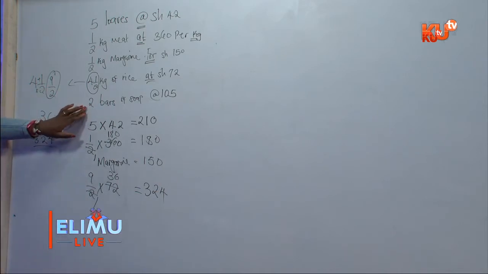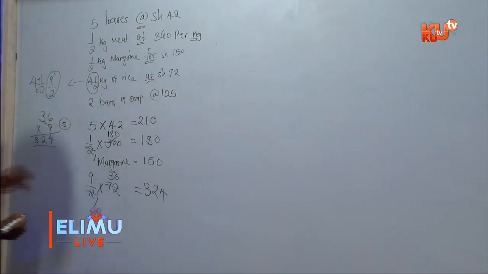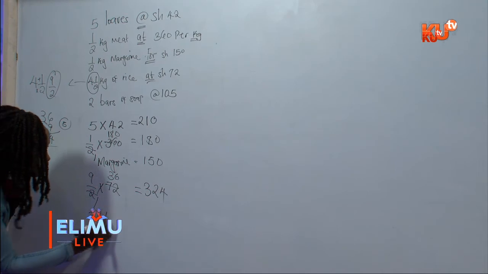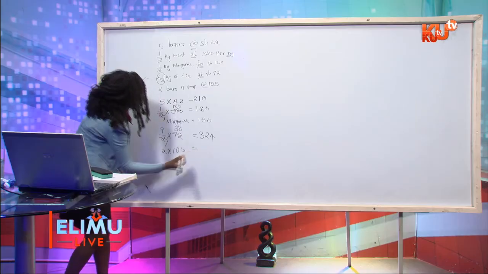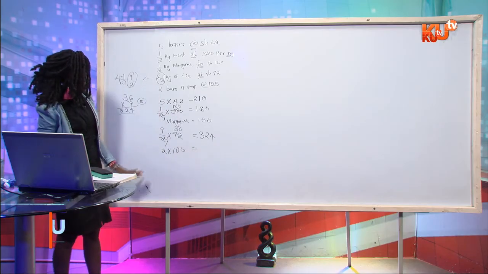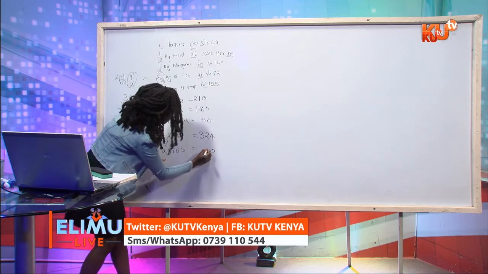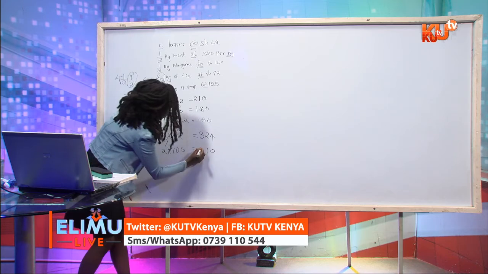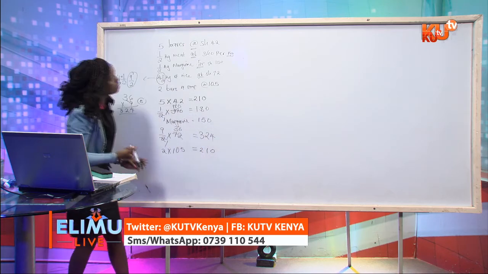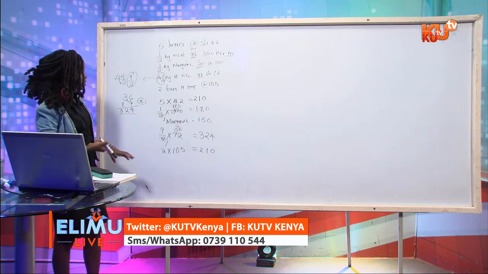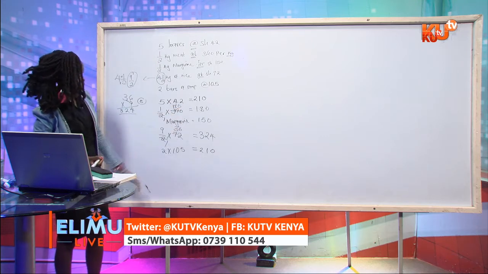Then we have 2 bars of soap at 105. 2 times 105. 5 times 2 is 10, carry 1, then 2. We get 210. Then from there we add to get the total cost of those items.